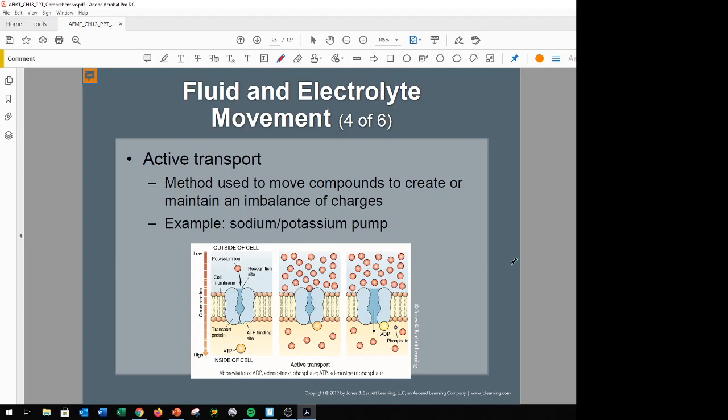And so that's what you need to know about active transport. It's a method used to move compounds or to create or maintain an imbalance of charges. Again, we need that imbalance of charges to get to that action potential. We need that automaticity to occur, and so we had to have that mismatch of charges.